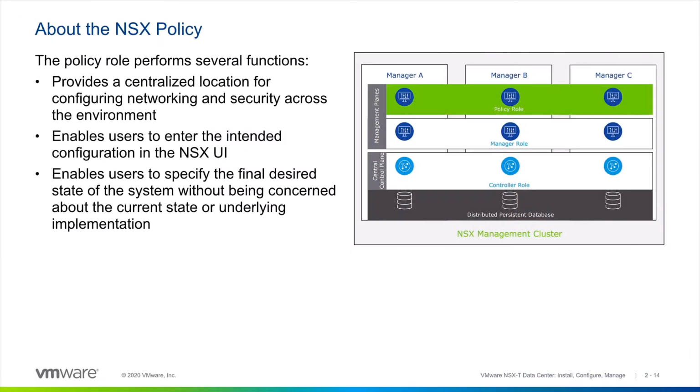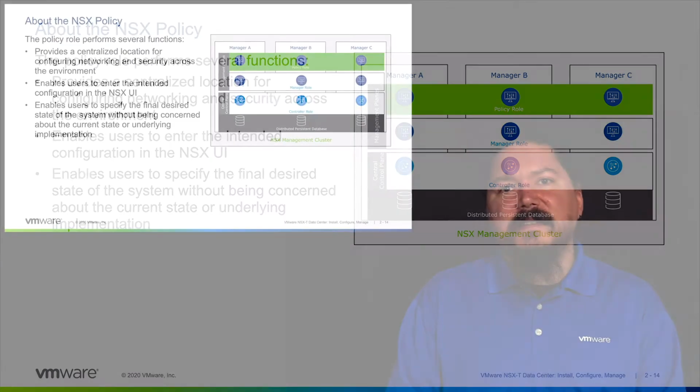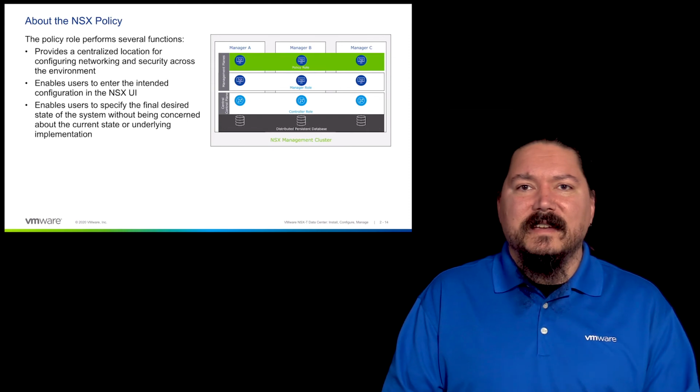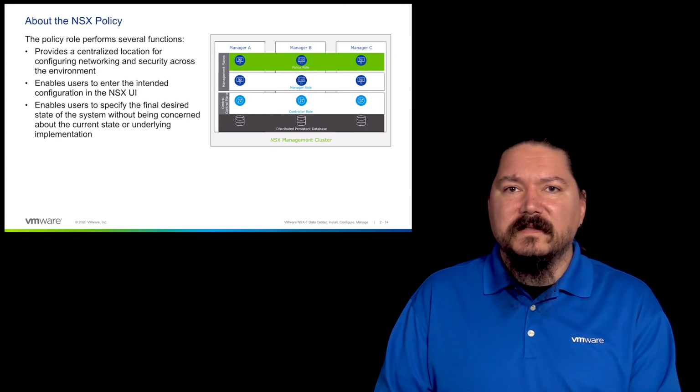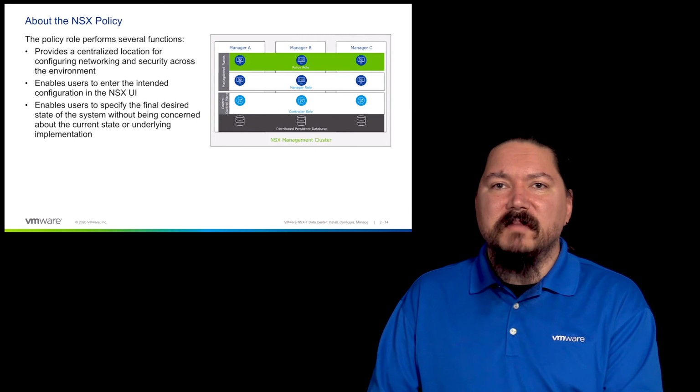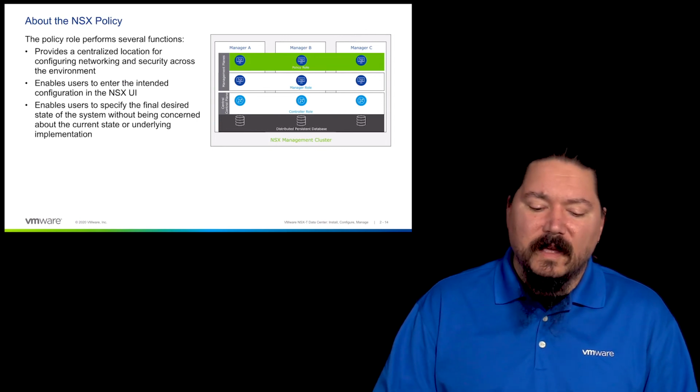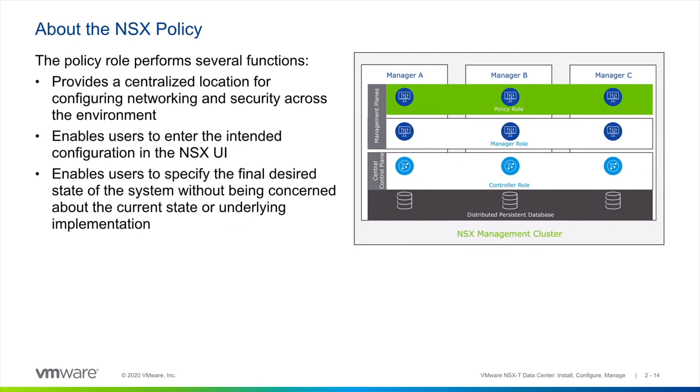Now, NSX policy is what we interact with. This is the top of the interaction chain. When we log into the NSX user interface, that's the policy engine. When we make API calls, that's probably the policy engine. So policy provides us a simple declarative state model to build our software-defined network, which allows me to do multiple things together.